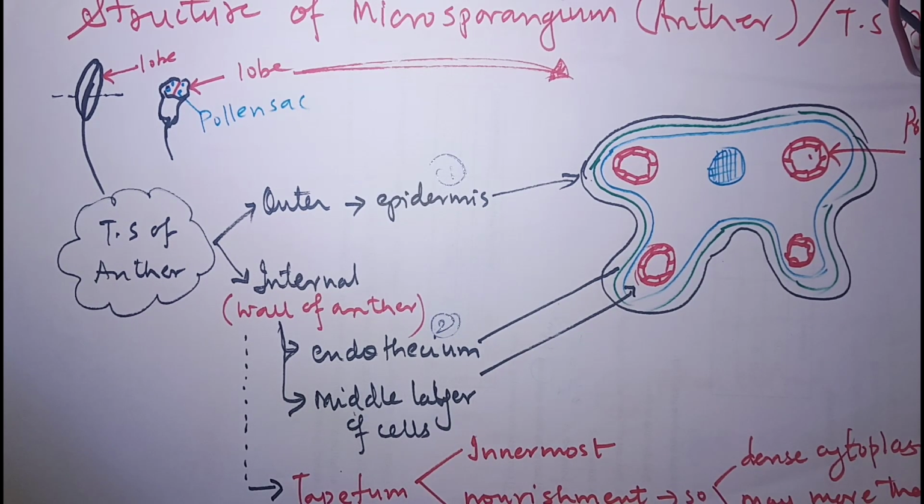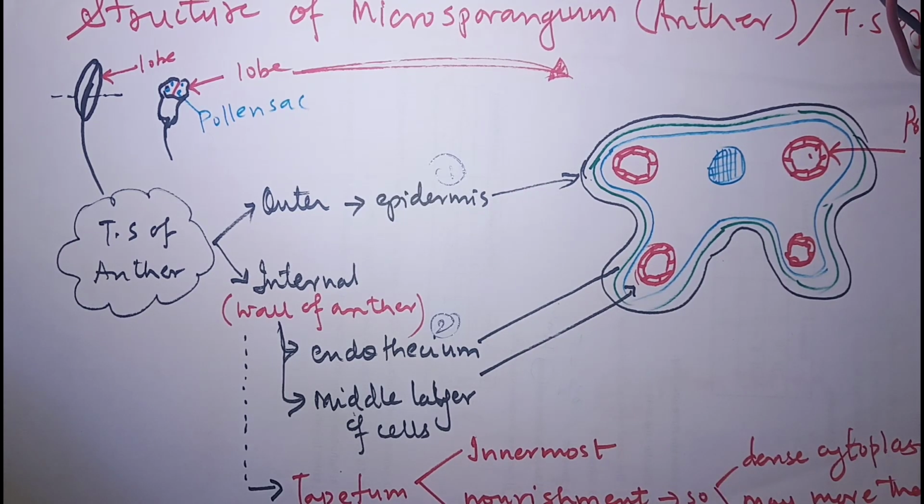The epidermis is the outermost layer of microsporangium, and the cells of epidermis are generally stretched and flattened. The layer next to the epidermis is endothecium, or we can say fibrous layer also. The anther is generally bilobed, containing 2 longitudinally running chambers, and those chambers are called pollen sacs.